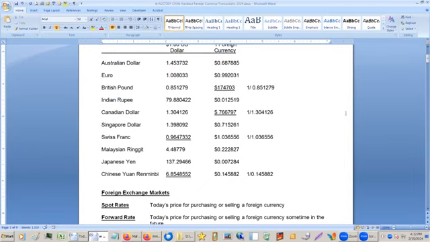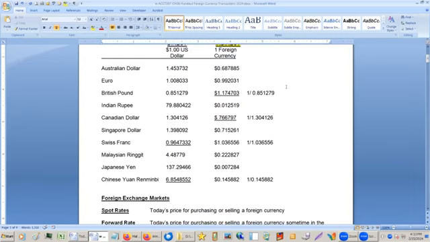Hold on a second. That can't be right. What is that? I've got to do that one again. I think it's just like 0.174703.